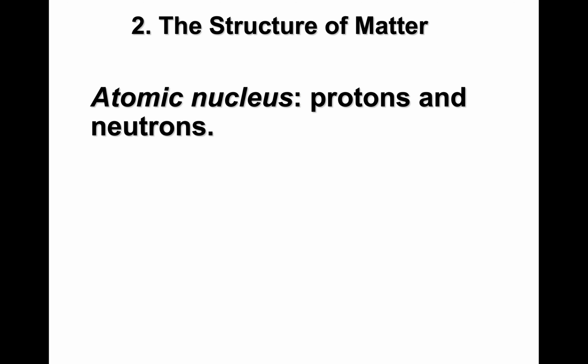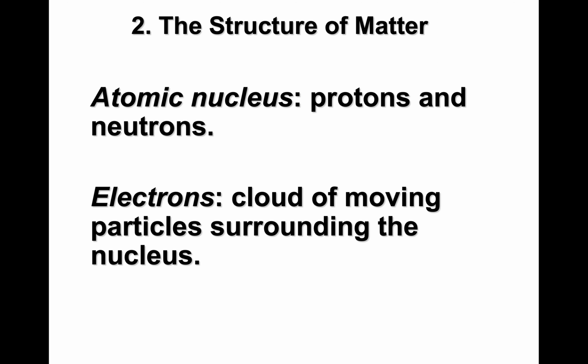So that means we have the atomic nucleus, and this atomic nucleus consists of protons and neutrons. Electrons form clouds, and these clouds are moving particles surrounding the nucleus.